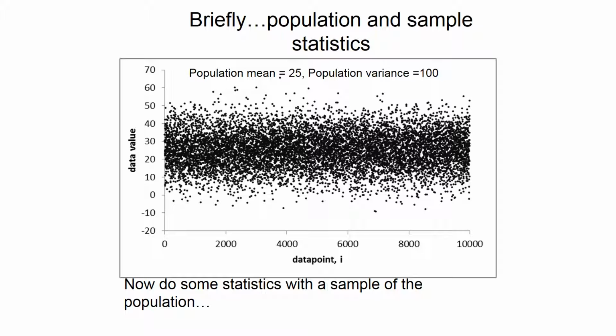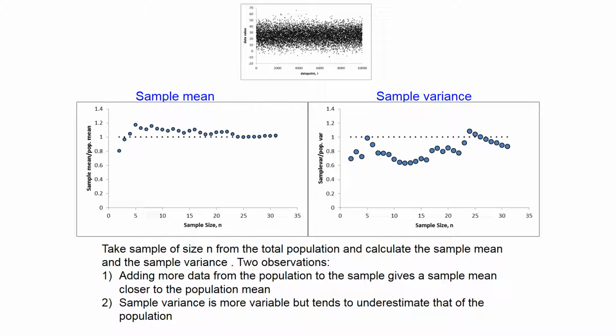Say I'd forgotten what the mean and the variance of that population was, and I wanted to measure it by selecting some of the data points and then working out the mean and the standard deviation or variance of that smaller sample. So this is what would happen.